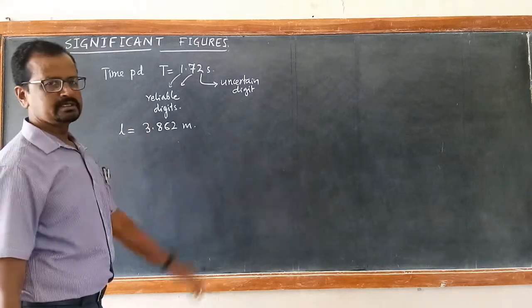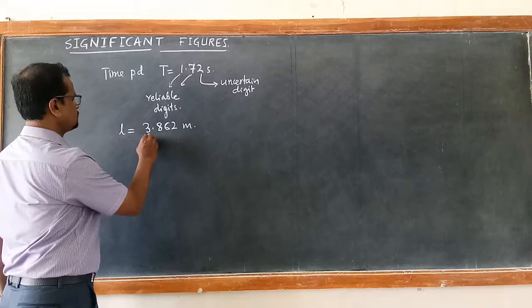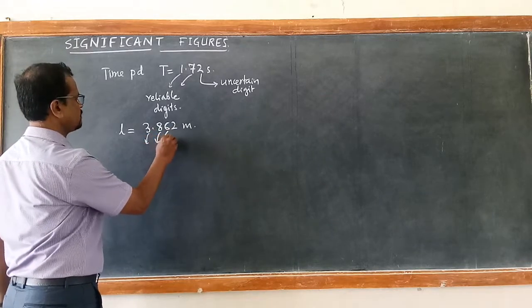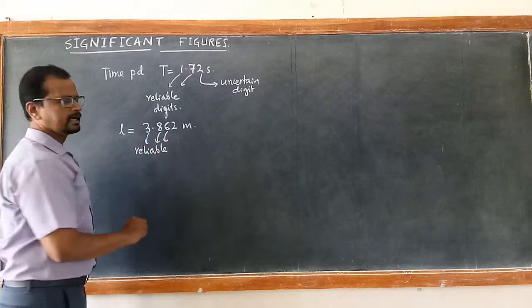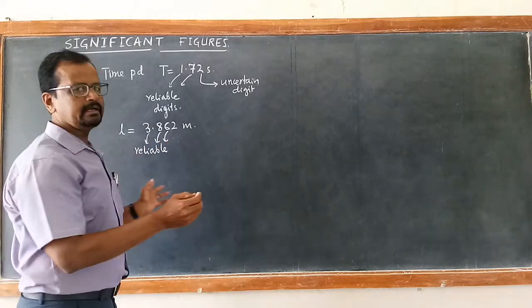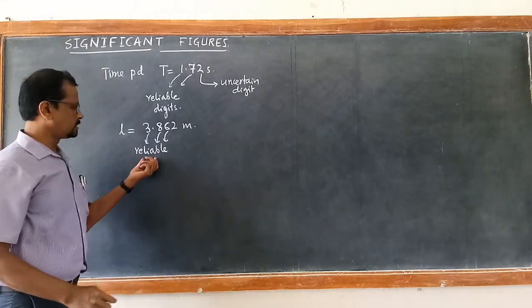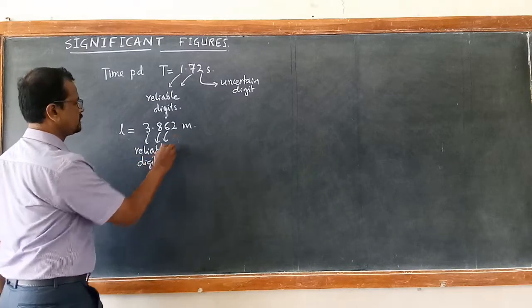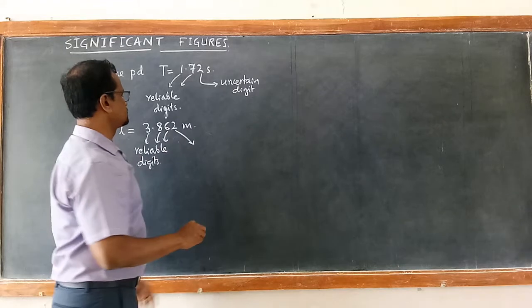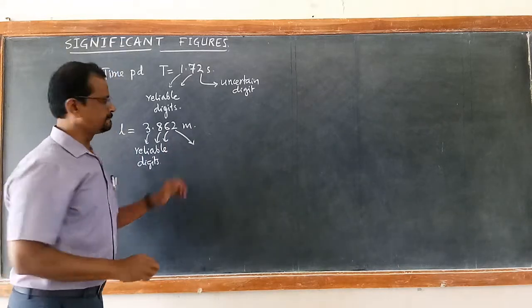Out of these 4 significant numbers, the first 3 are reliable. Reliable means they do not have any uncertainty. They are called reliable digits. And the last one has uncertainty.